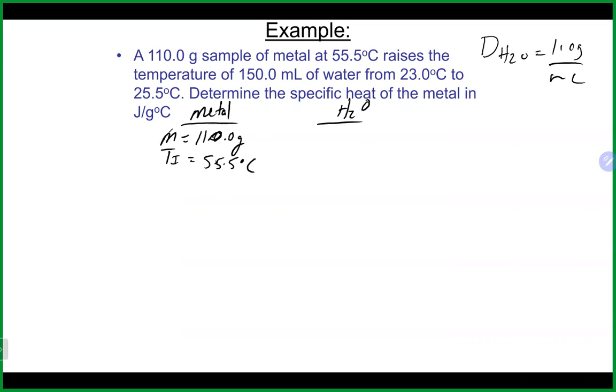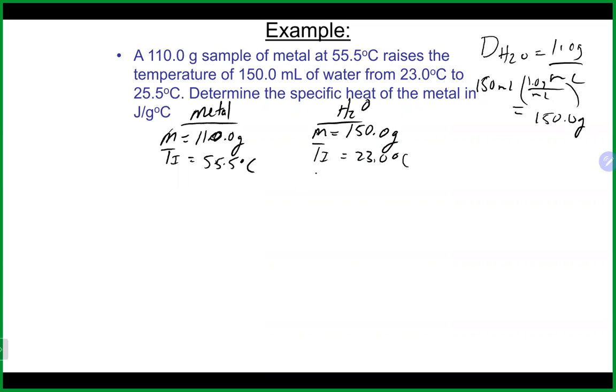We have 150 milliliters of water, which if you multiply 150 milliliters by 1 gram per milliliter, you end up with 150 grams of water. So the mass of the water is 150 grams. The initial temperature of the water is 23 degrees Celsius. The final temperature of the water is 25.5 degrees Celsius.